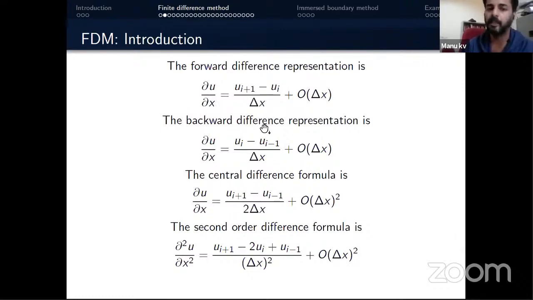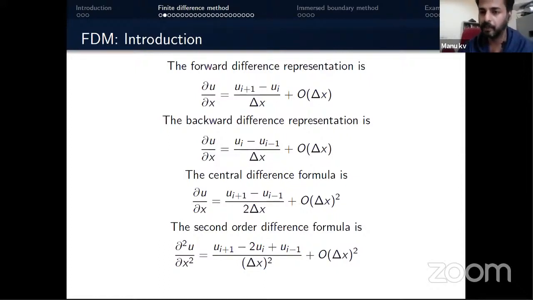Another method is taking the backward difference, which is u i minus 1 by delta x, and we can take a central difference formula by taking the i plus 1 and i minus 1 points, and its order of accuracy is delta x square. In a similar way, we can calculate all the gradients present in the Navier-Stokes equation.